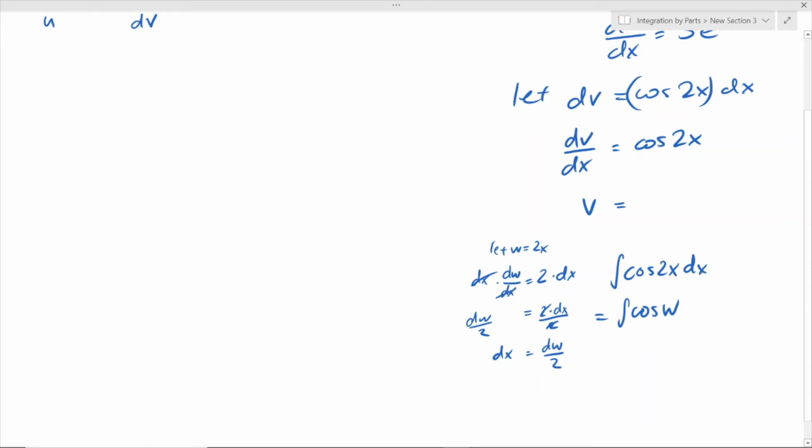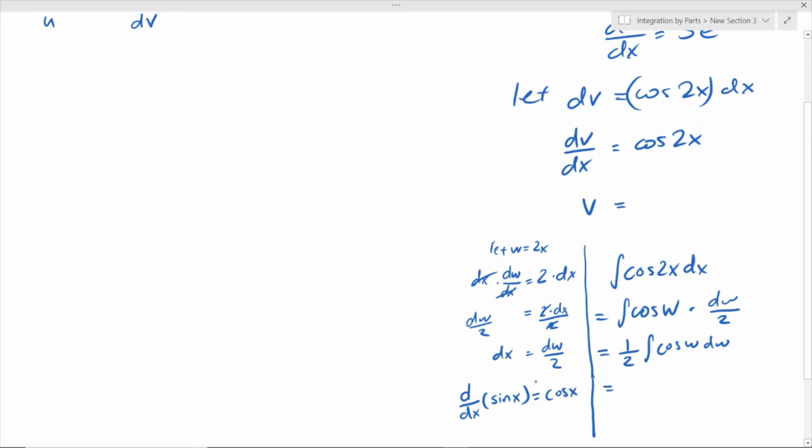So yeah, I'm going to sub that in to dx. So this was the separate part, I'm just going to draw a line here. Okay, so dx is going to be equal to dw over 2, and this is over 2, so I'm going to take that out, the constant 1 over 2 times the integral of cos w dw. And the integral of cos, we know that the derivative of sine x is equal to cos x.